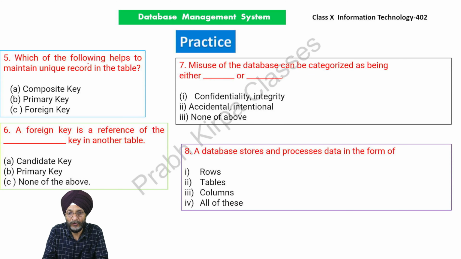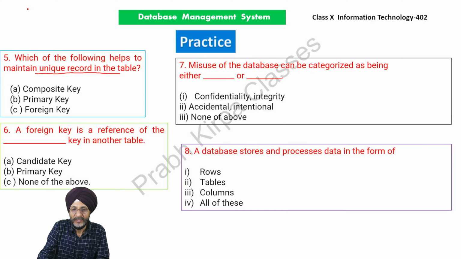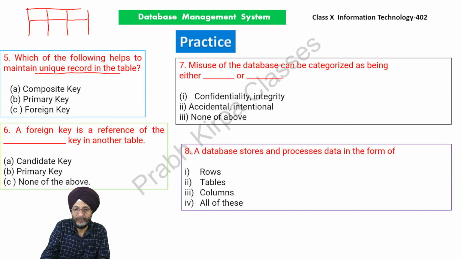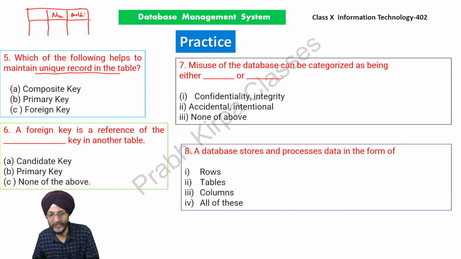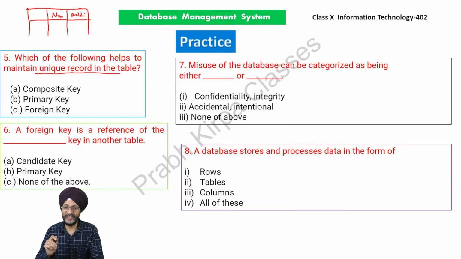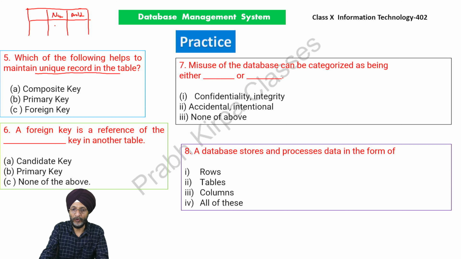Which of the following help to maintain unique record in the field? Suppose there are 100 students in a particular school. If we maintain the data only on the basis of names, there may be more than one student having the same name. Suppose John.